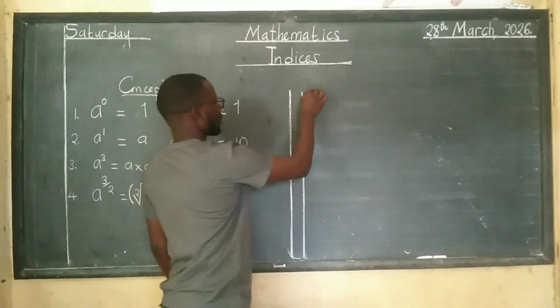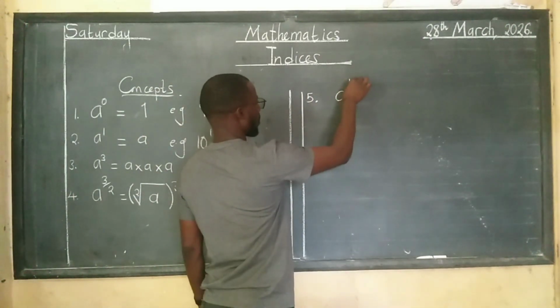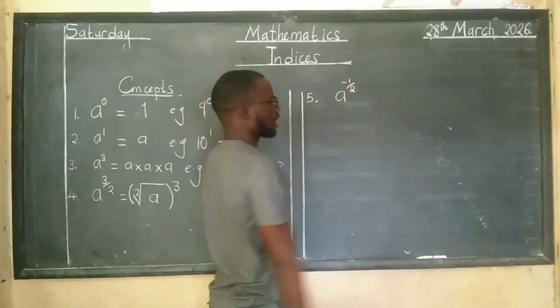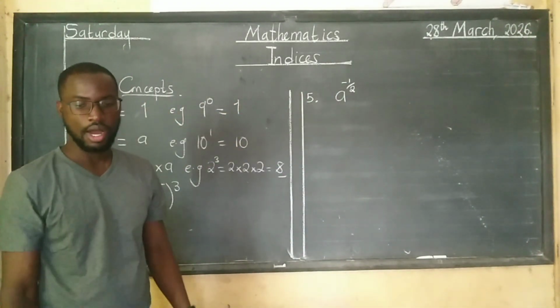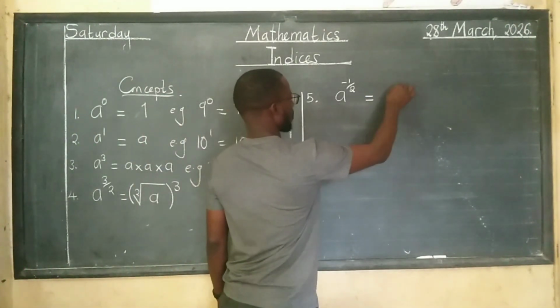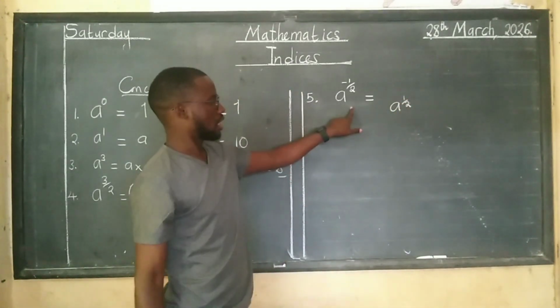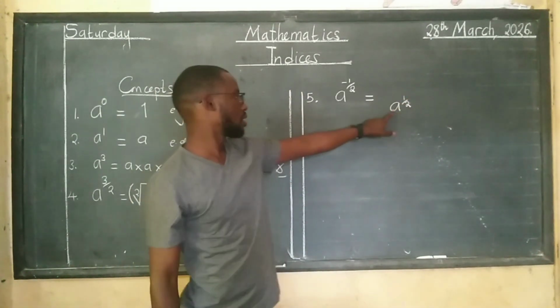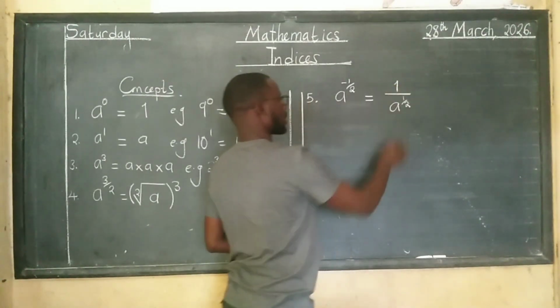Then for number 5, if you have a to the power negative 1 over 2, now you have a negative power. How do you get rid of the power? You can do this: the a comes as it is with its power, then the negative becomes 1 over, like that.